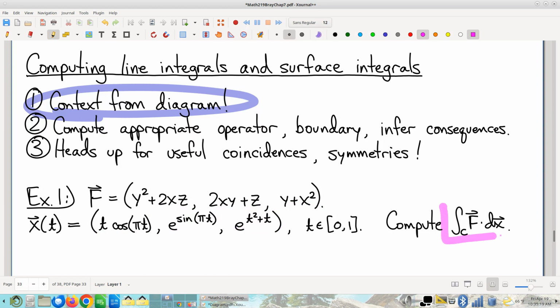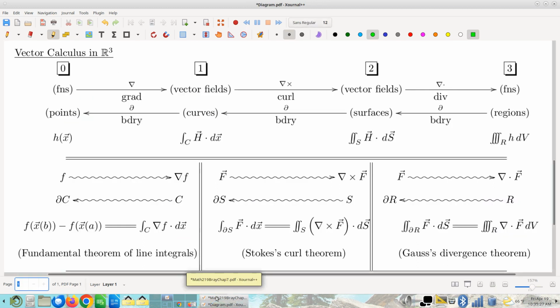Well, I've been asked to compute a line integral. So let's find on the diagram, where are the line integrals? Well, here we go. Line integral right there. So that's what I'm looking at. R3 diagram, line integrals, and a bunch of free information already available.